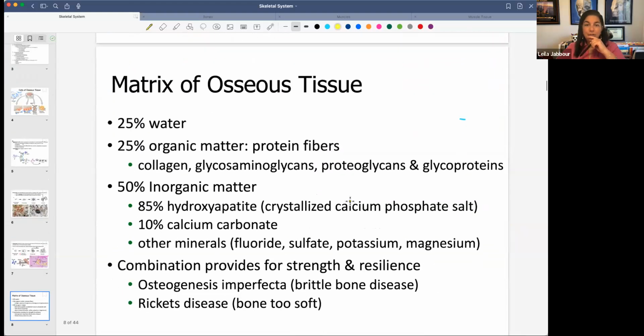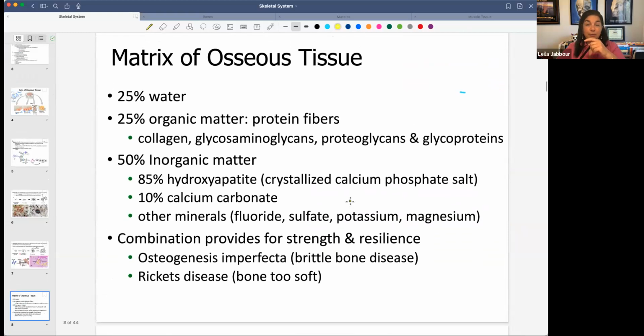All right, so this matrix, I already verbally mentioned, is made of organic matter and inorganic matter. The organic matter is made of protein fibers, and most of these protein fibers are collagen fibers. But we also have the glycosaminoglycans, the proteoglycans, the glycoproteins.